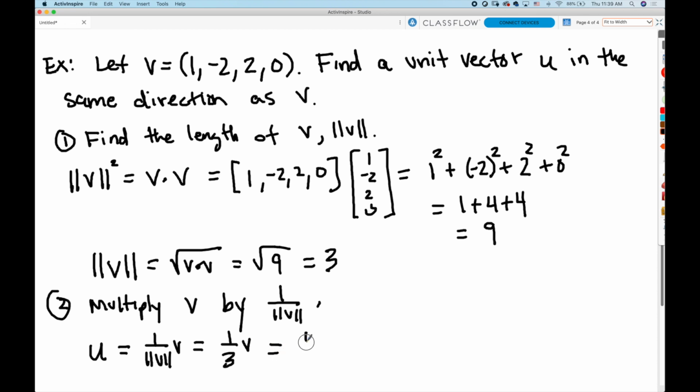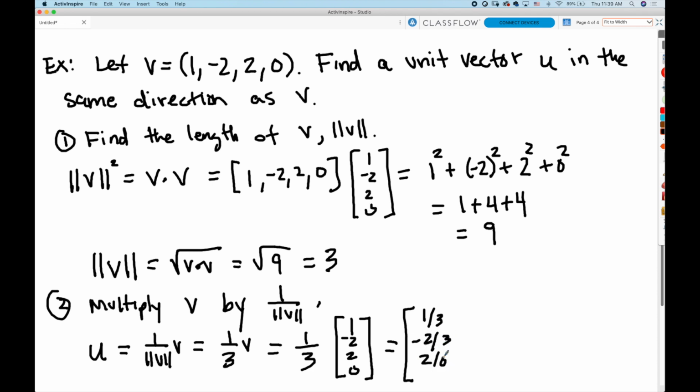And so we get 1/3 of our vector 1, -2, 2, 0, which is 1/3, -2/3, 2/3, and 0.